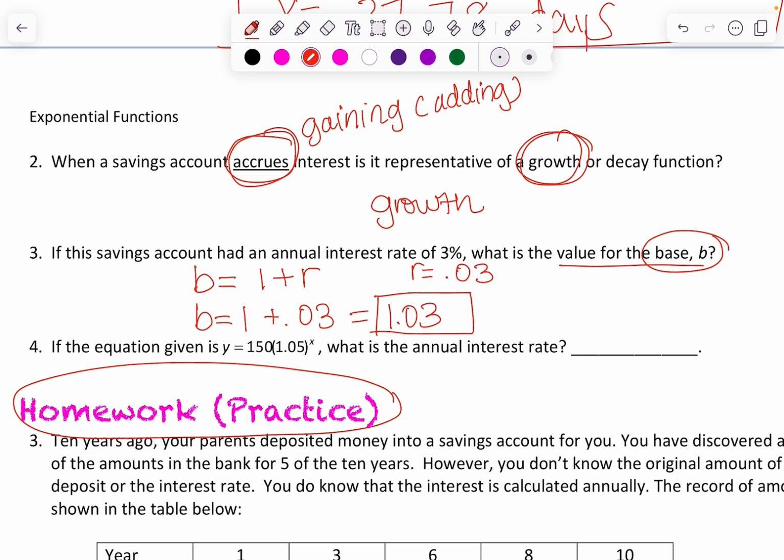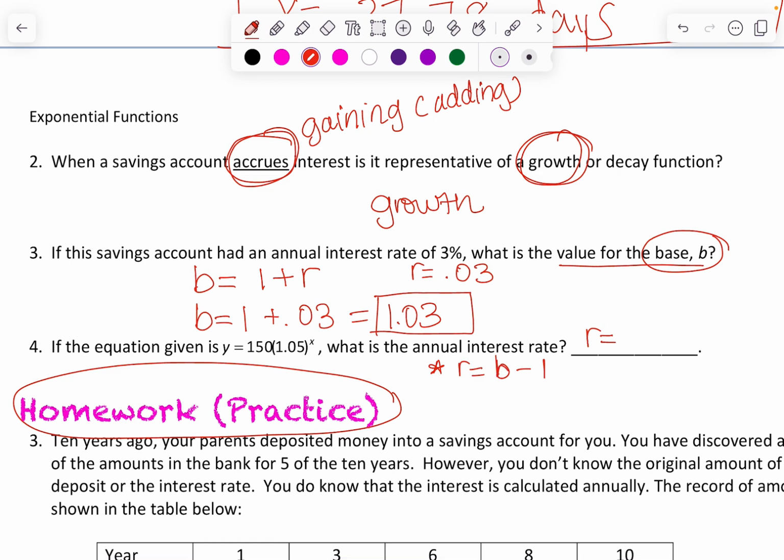All right, question 4, last one for the notes. If the equation given is y equals 150 times 1.05 to the power of x, what is the annual interest rate? All right, so I'm asking for what is R, okay? And I don't know if you remember from a couple weeks ago that R equals B minus 1.